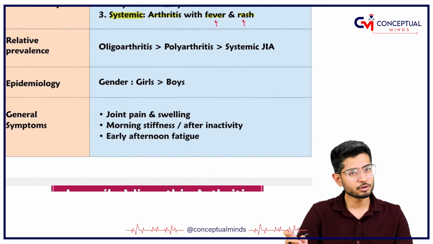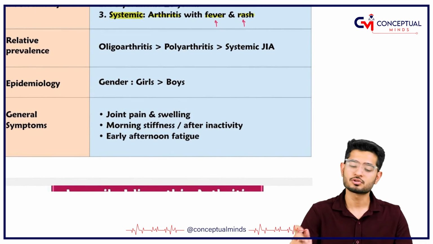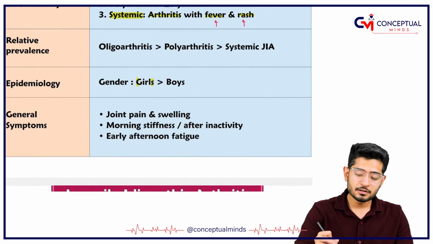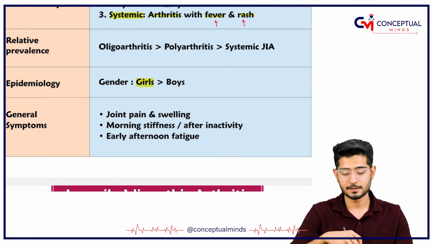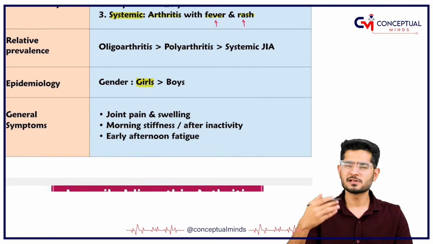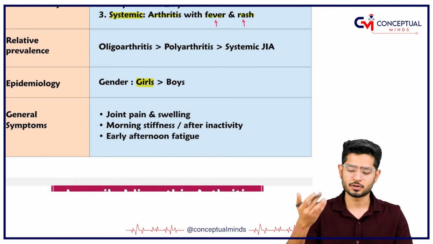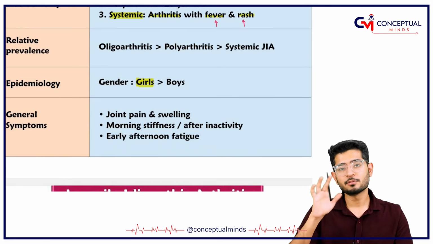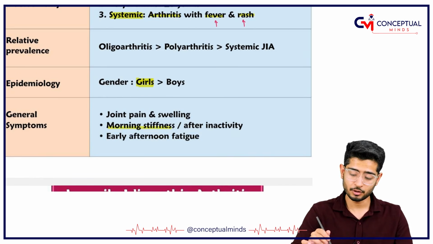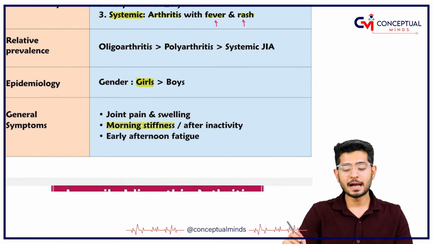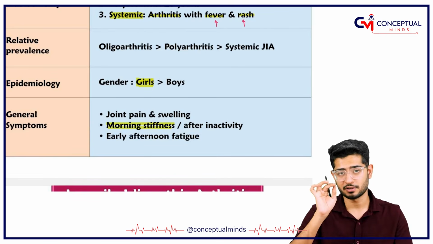Now, all autoimmune diseases for that matter are most commonly seen in the female gender. Girls have a high predominance of these diseases. Now, what are the general symptoms? Of course, you will have joint pain and joint swelling. But in idiopathic arthritis there is morning stiffness, and early afternoon fatigue is also seen.